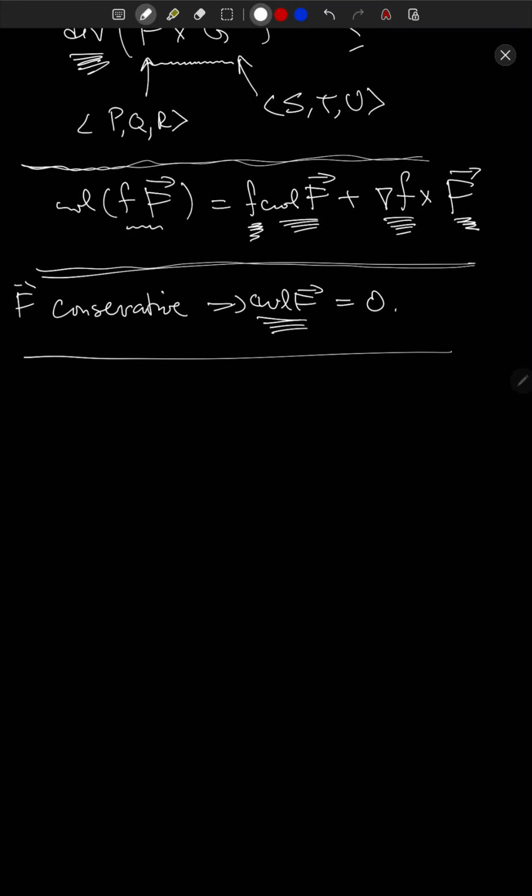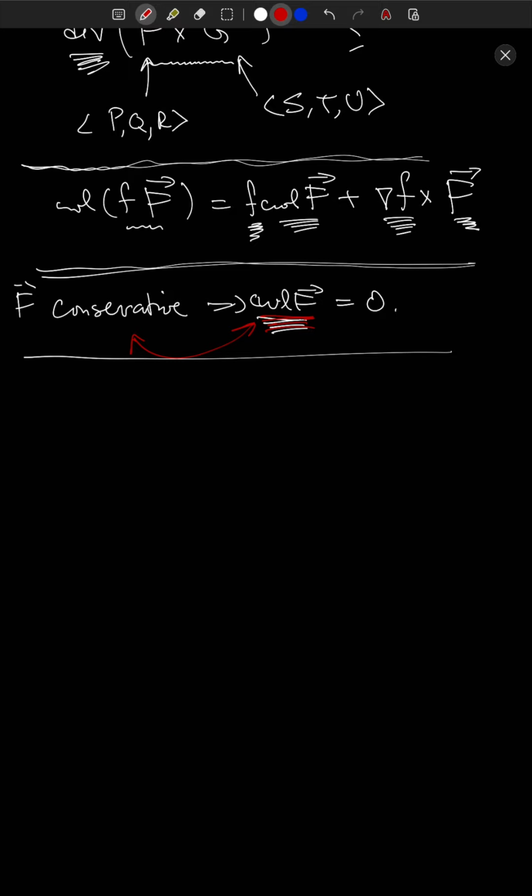But again, it's something that does make intuitive sense when you think about what the curl means, because for the curl to be non-zero means your vector field does have some sort of rotational aspect at that point, right? But if your vector field has a rotational aspect to it, then it can't be the gradient of something, because gradients can't have rotational aspects.